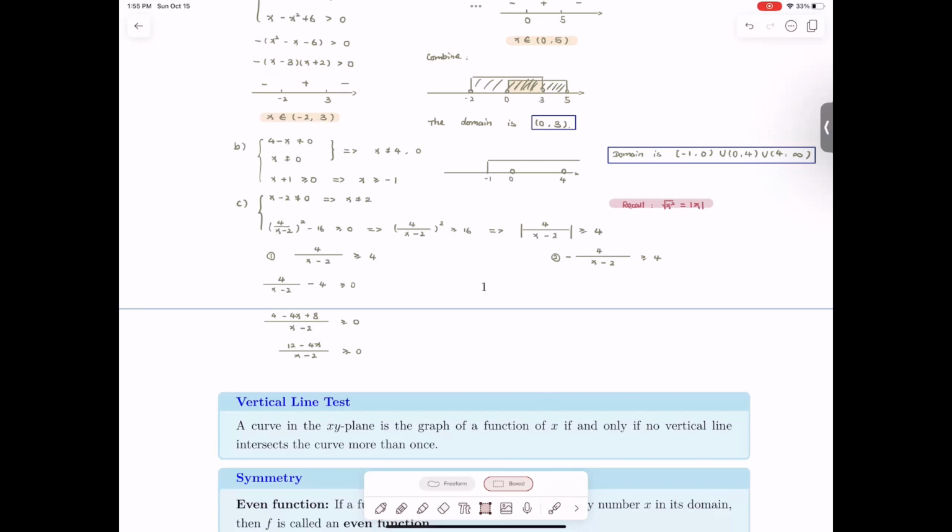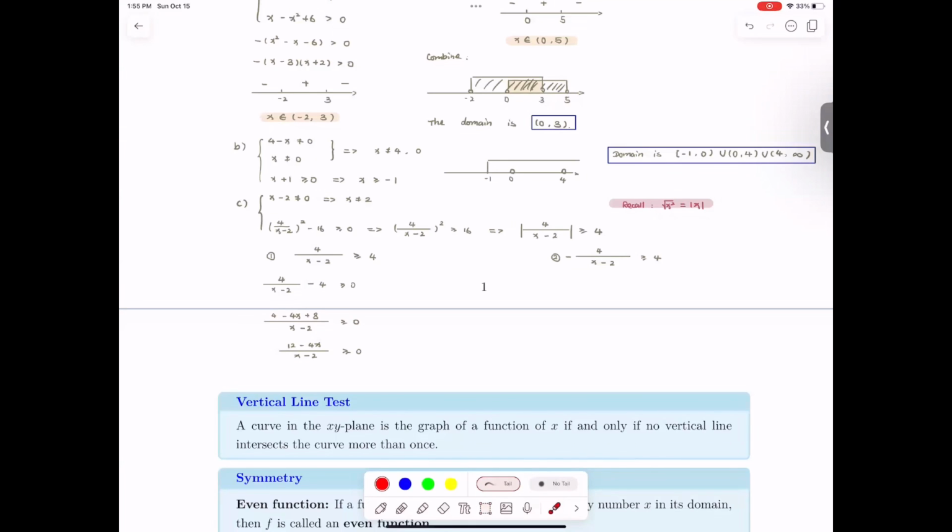Find restriction on top and bottom. How exactly are you gonna find? With both numerator... must be, yes, that's correct.